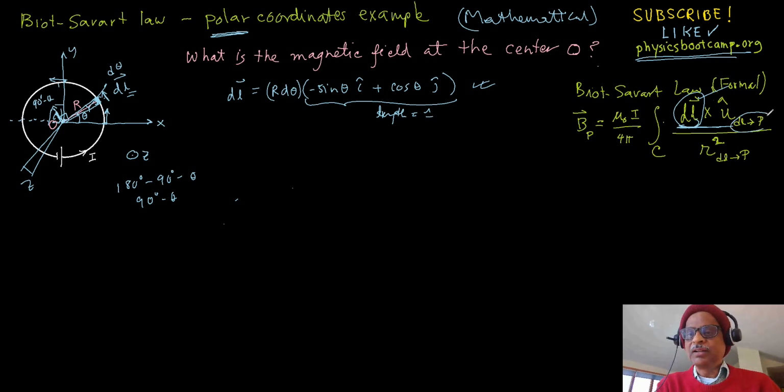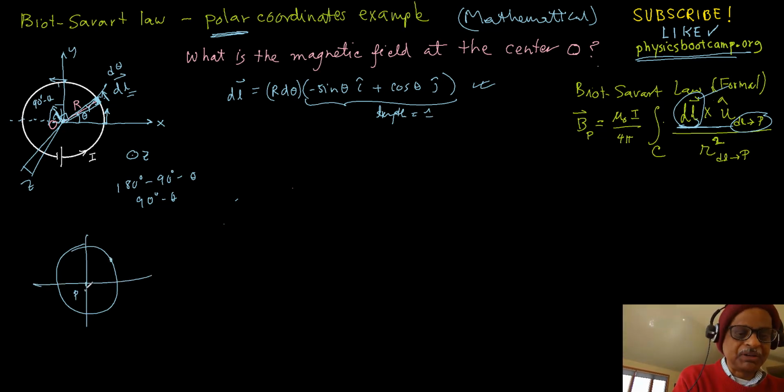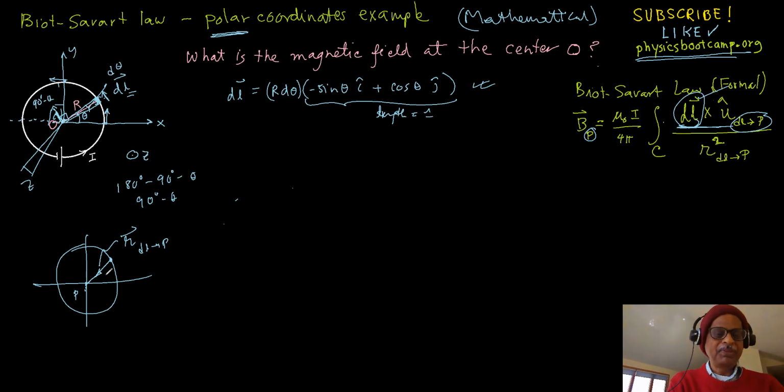We need to know point P from here. So let's draw this out again. So I'm over here, and this is the point P, where we want the magnetic field. So we want that R vector, dl to P direction, right? So it's kind of like that. So R vector dl to P, and the unit of that will be this guy, and the magnitude will be that guy.